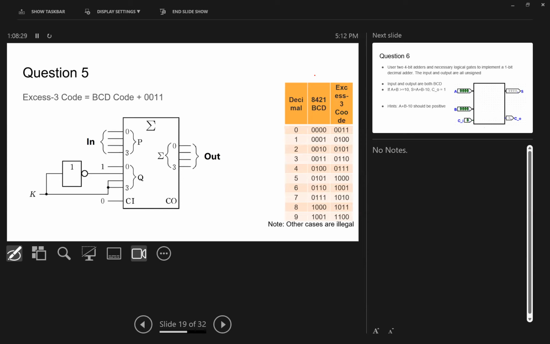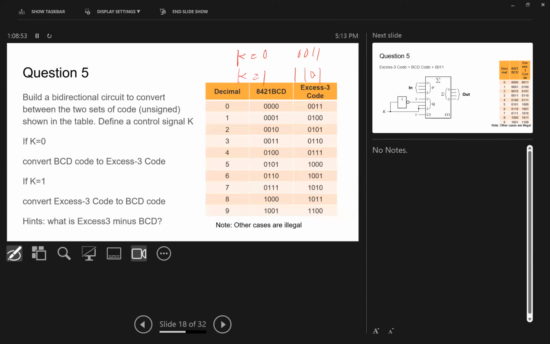So for the LSB, we will always let it be 1. And for the remaining 3 bits, we change them according to k. When k is 0, bit 3 and bit 2 are 0, and bit 1 is 1, which corresponds to 0, 0, 1, 1.